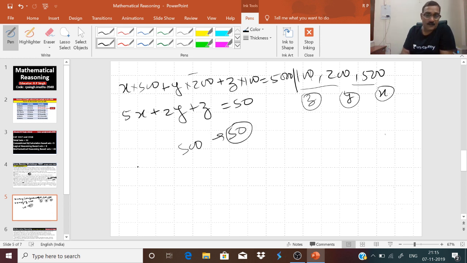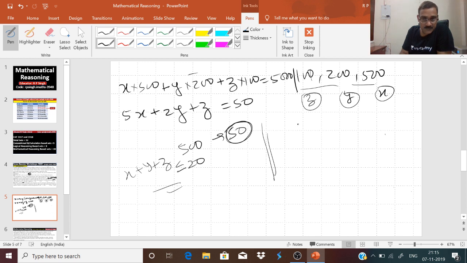And the total number of notes, that is x plus y plus z, should be less or equal to 20, cannot be more than 20. So maximum how many customers can we serve? So to maximize the number of customers, because the number of 500 notes is limited, we should take the minimum possible value of x so that maximum customers can be served.